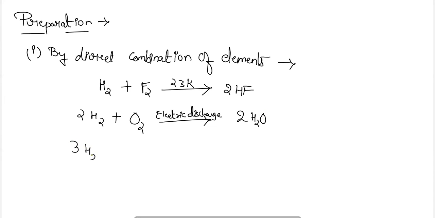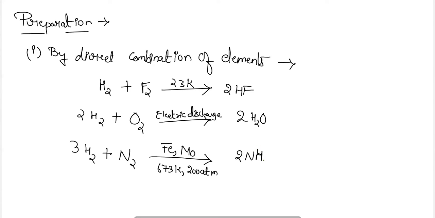When three hydrogen molecules react with one nitrogen molecule in the presence of an iron and molybdenum catalyst at a temperature of 673 Kelvin and a pressure of 200 atm, ammonia is formed. This is the first method for the preparation of molecular hydrides, from the direct combination of the elements.